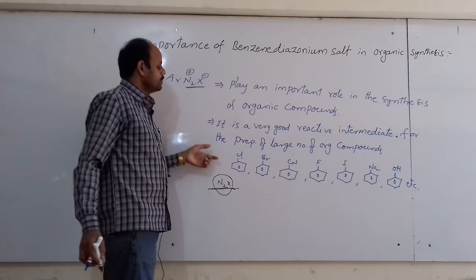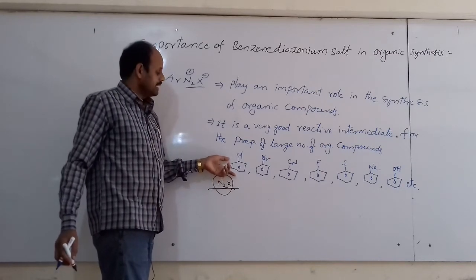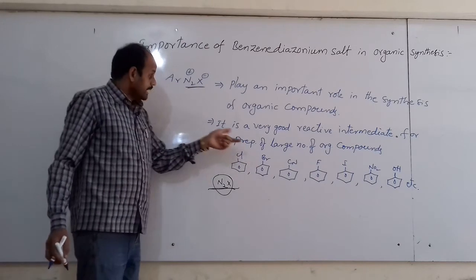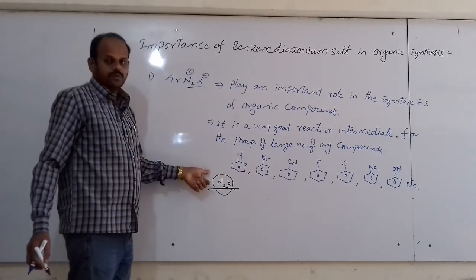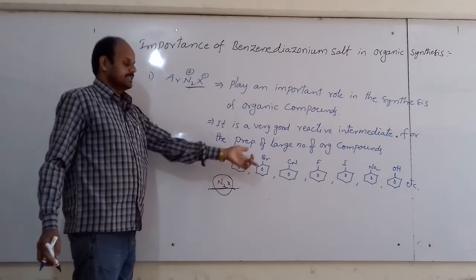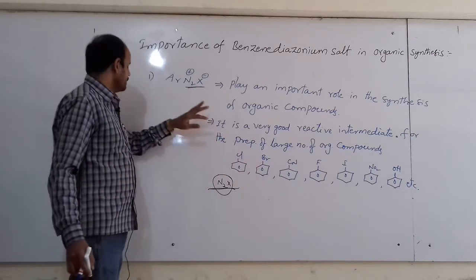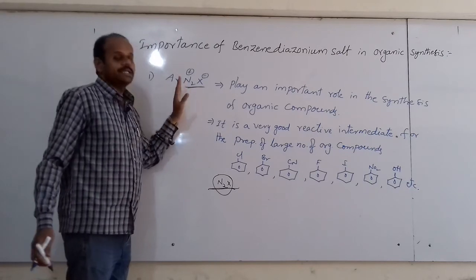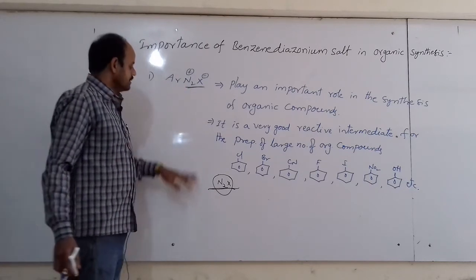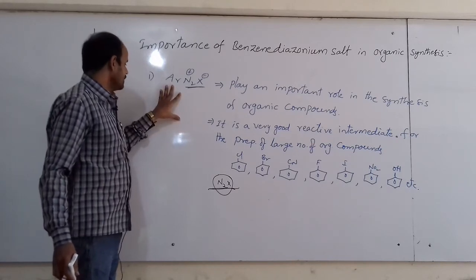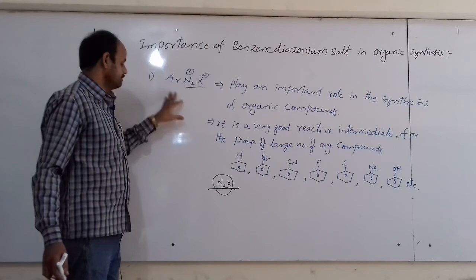Thus it is very easy to prepare all these compounds. But direct halogenation or fluorination is a little bit difficult compared with this method. Just by using this method we can quickly get the products. Thus it is a very useful reagent in organic synthetic chemistry. This is the importance of benzene diazonium salts.